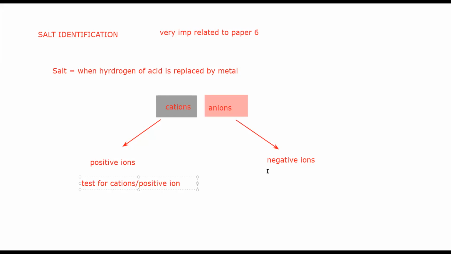First thing, test for positive ion or cation. How can we test? First, we can test with aqueous sodium hydroxide, by adding sodium hydroxide.